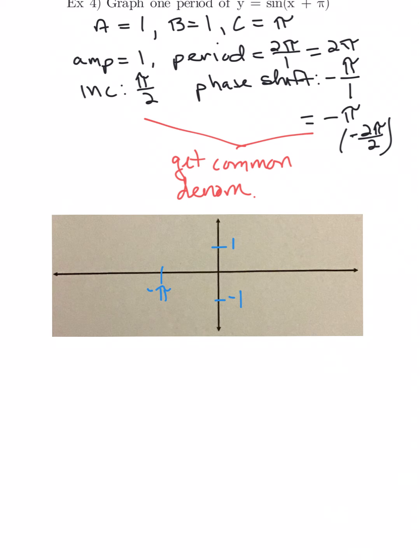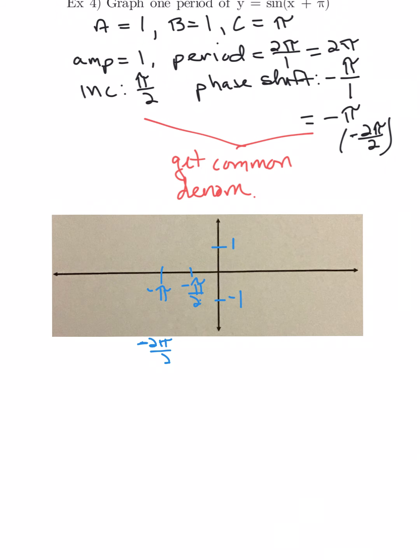Now remember that this is negative 2 over 2. And we want to add 1/2 to do our increments. So negative 2 over 2 plus 1 over 2 is going to give me negative pi over 2 for my second label.